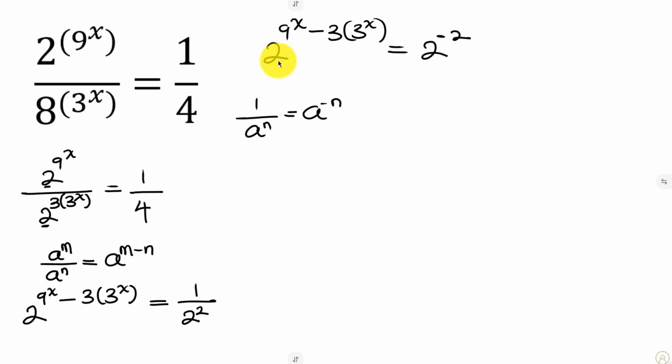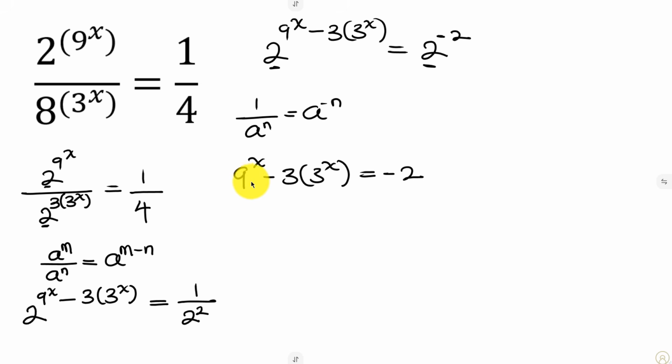Good. Now we see that the bases on the left and on the right are the same, so we can equate the powers. The power on the left is 9 to the power of x minus 3 times 3 to the power of x. This is equal to the power on the right, which is minus 2.